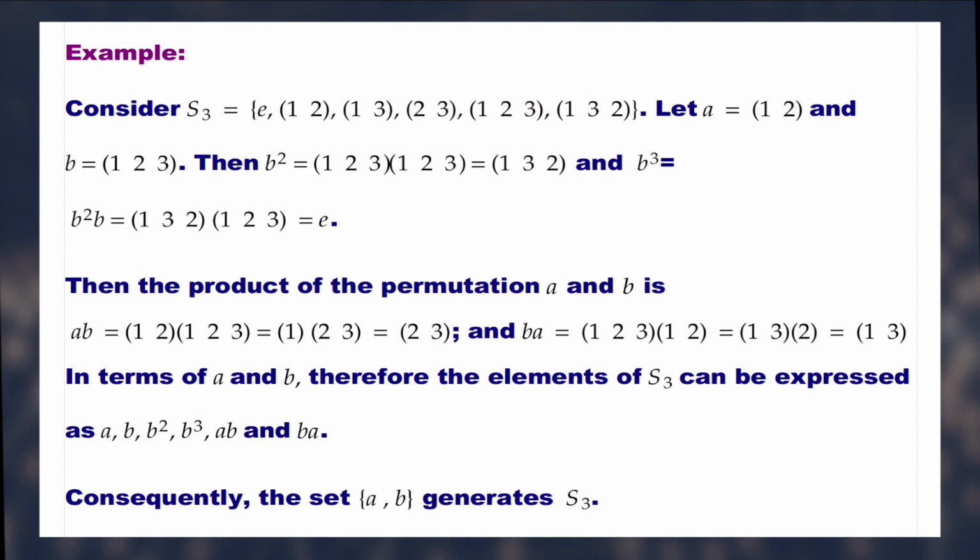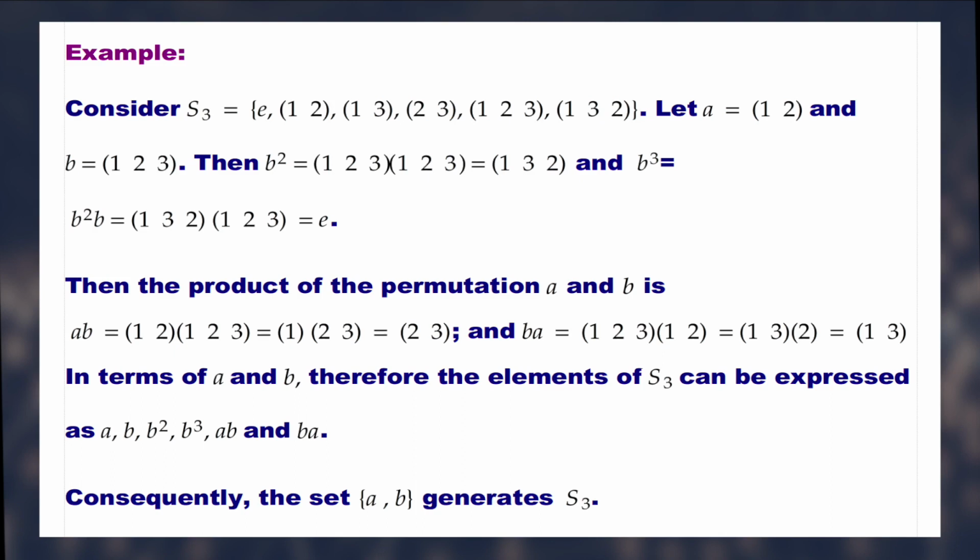In a similar way we can find B cubed, where B cubed can be written as B squared times B. We have already known that B is equal to (1 2 3) and B squared is equal to (1 3 2).